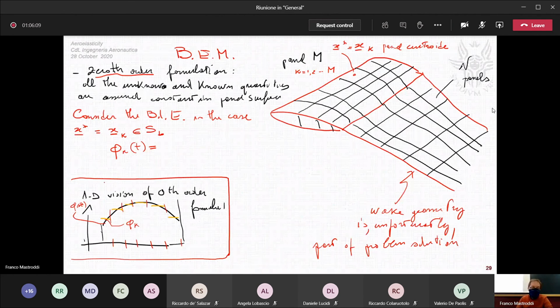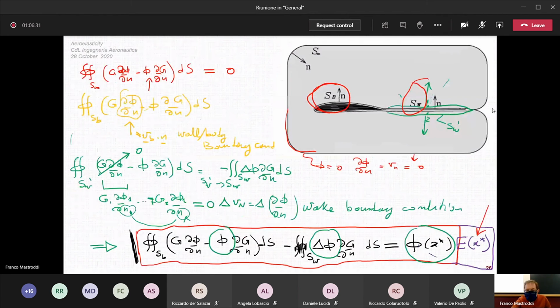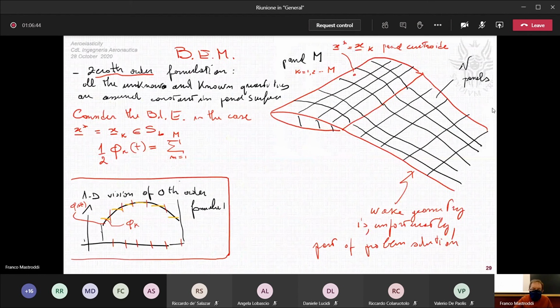So 1/2 phi k at the time t is equal to, now I have a surface integral which is a summation with an index m from 1 to capital M, and I'm actually performing this first integral here, A. And this A contribution is this quantity, this Greek letter is key, okay?